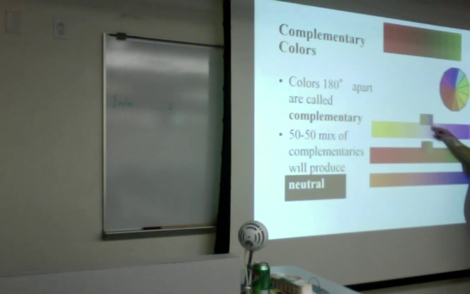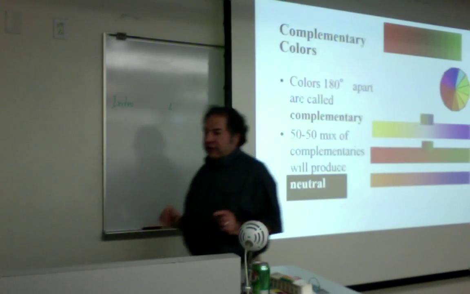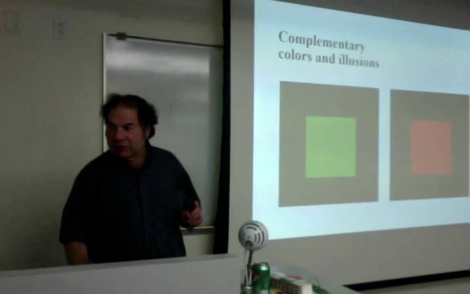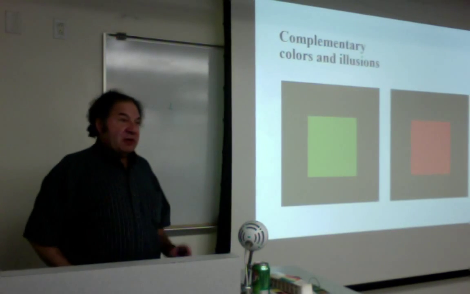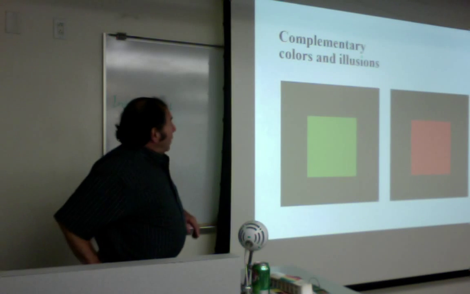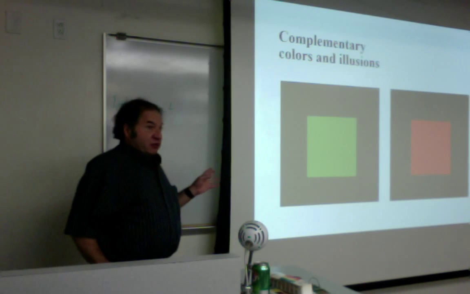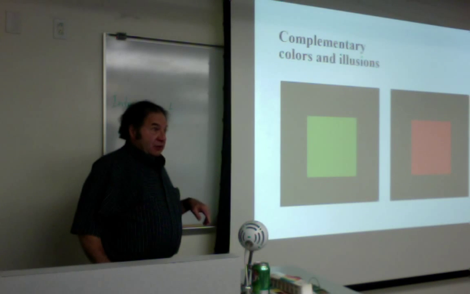And these are often referred to as neutral colors. But whenever you go from one side of the color wheel to the other, you wind up with some very powerful contrast. And that may be something that's helpful, or it may be something that just drives people nuts. So, for example, looking at these two boxes, if you stare at them long enough, all kinds of strange things will happen to your eyes.